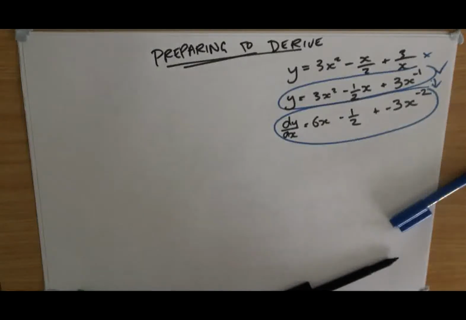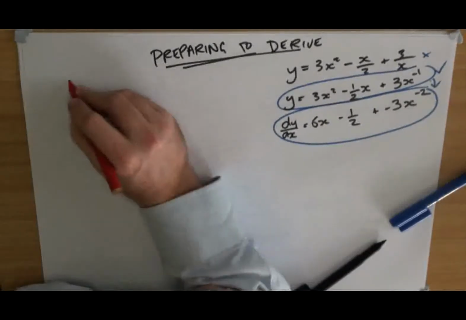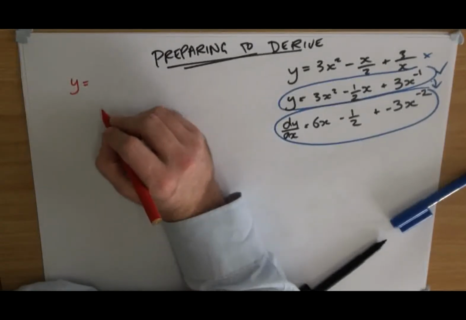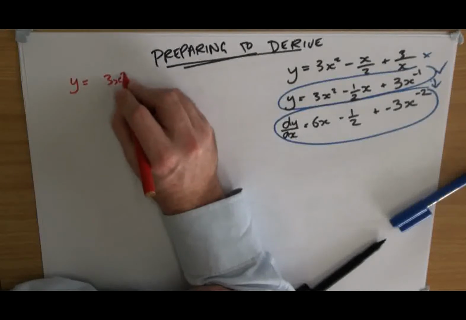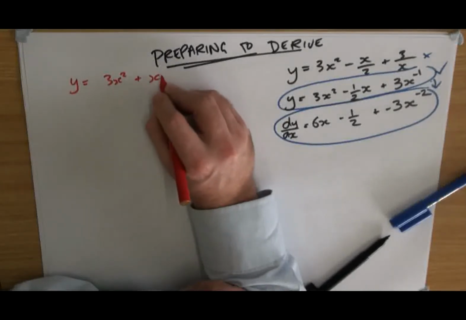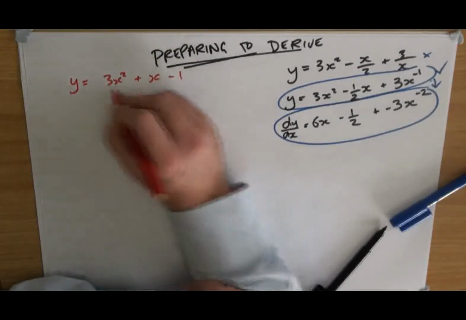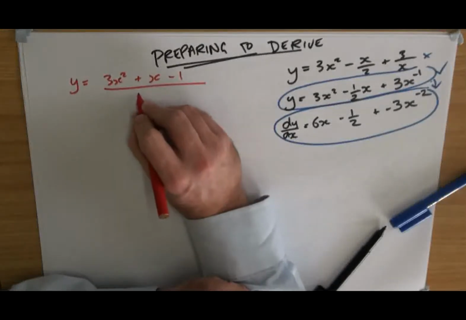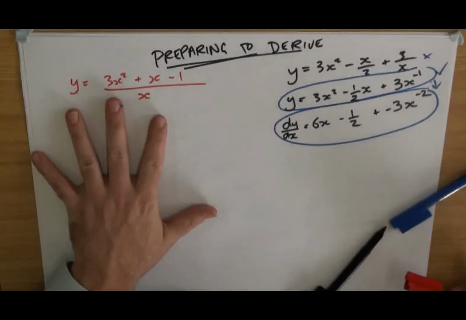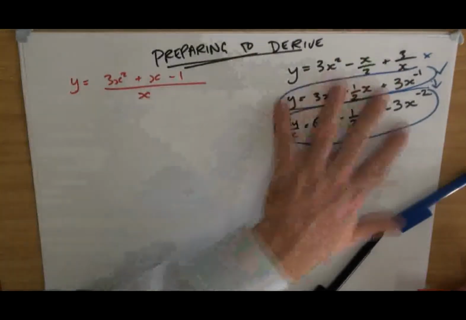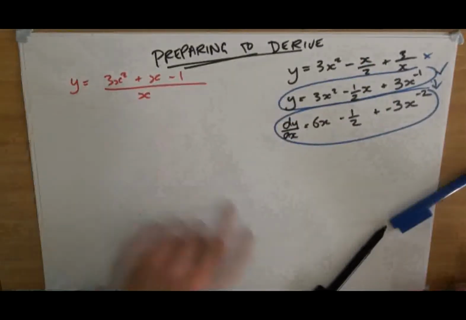You also want to make sure you split your numbers up. So let's try this one. What if it's y equals 3x squared plus x minus 1, all over x? If we have something like that, this is not nice. We can't do this kind of regular deriving in that form.